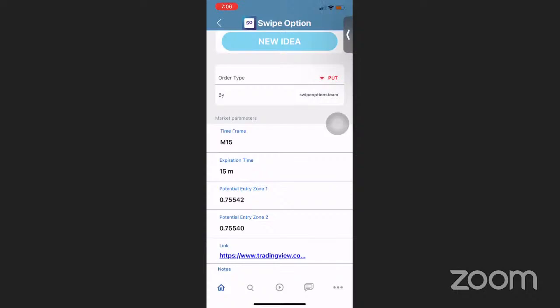CAD CHF is not a trade that I normally take personally, so I really hope my broker has it. But for now, I'm going to start broadcasting my phone, and I'm going to show you my computer screen in 2 seconds here, okay? So one moment.